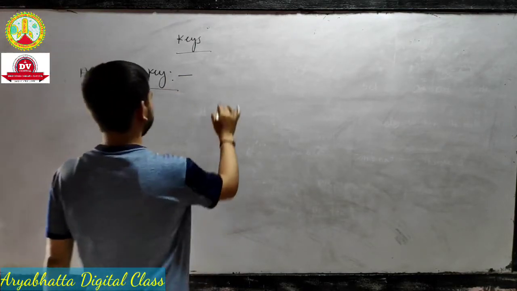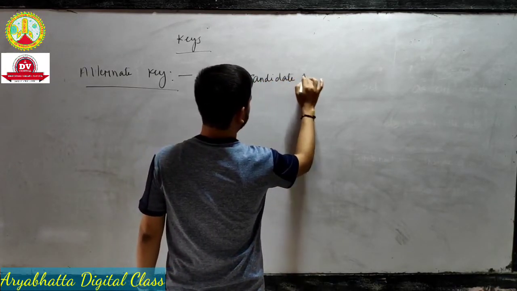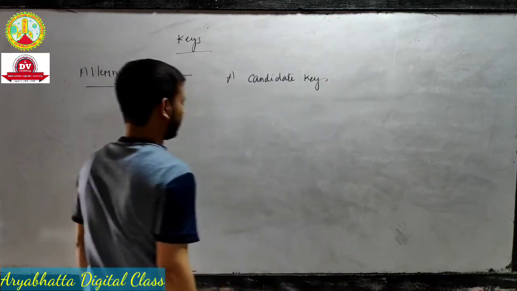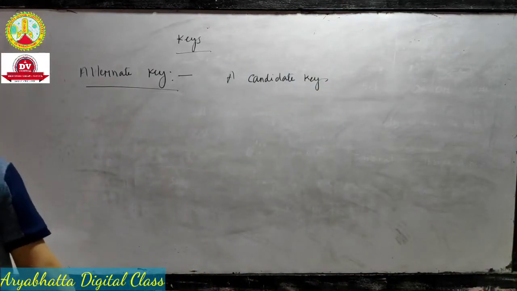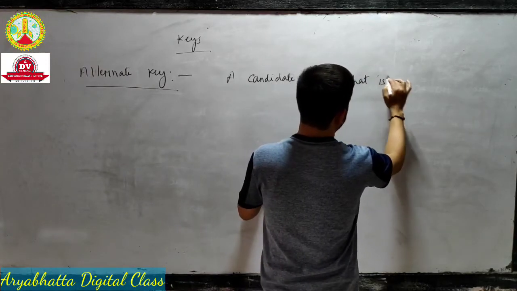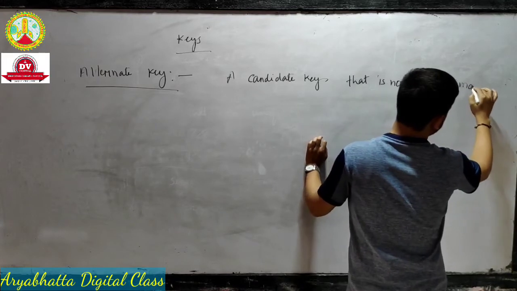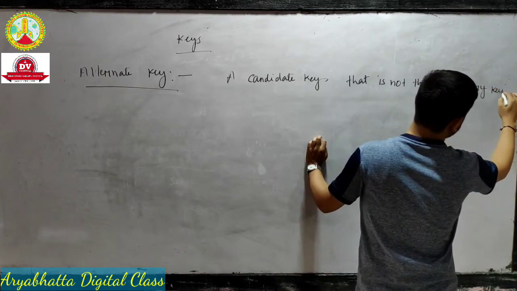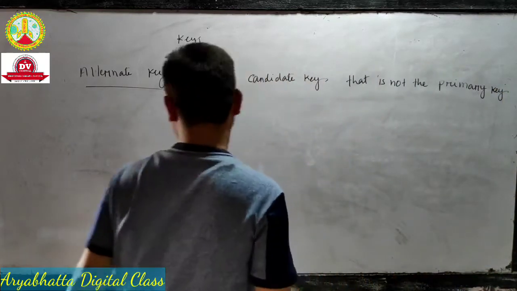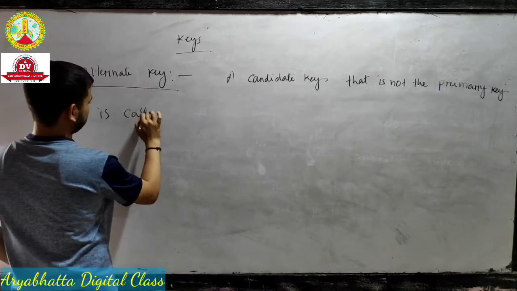A candidate key that is not the primary key is called an alternate key. It's very simple.